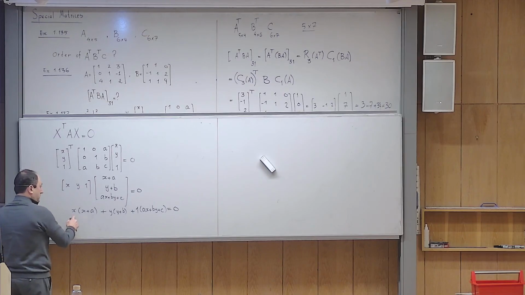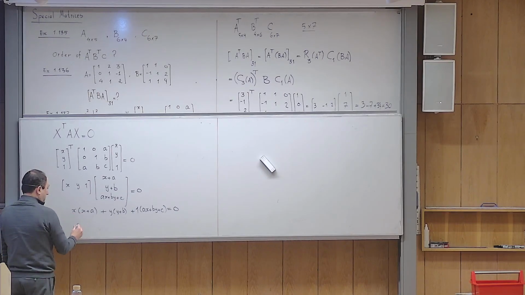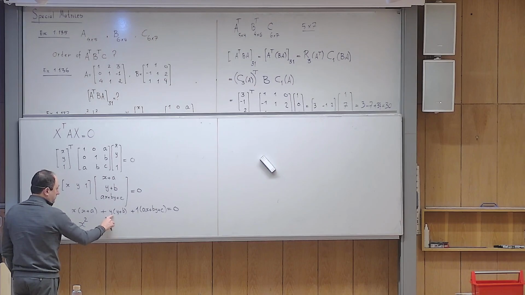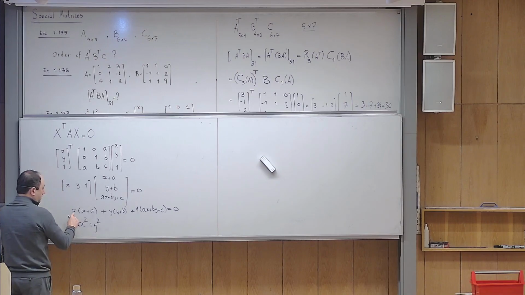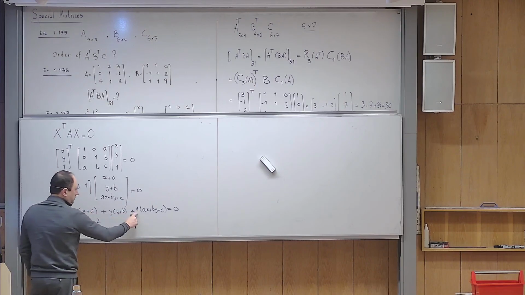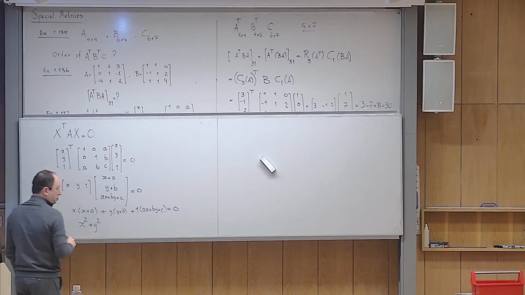So let me just simplify things a little bit. I have 1x squared here. Let me write them in order. And then you have y squared coming from here. So let me write it immediately here. And then look here, you have x times a, which is ax. You have another ax coming from the last one.